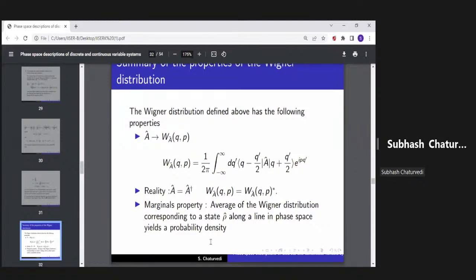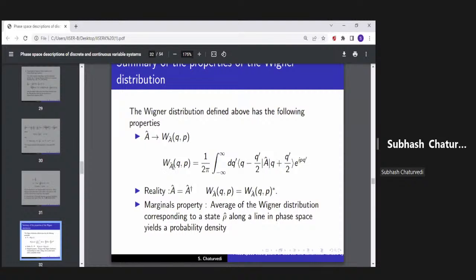Now, once again, hereafter we will focus only on the Wigner description, and let me give a summary of what we have done. Given an operator A hat, we can associate with it a Wigner distribution.